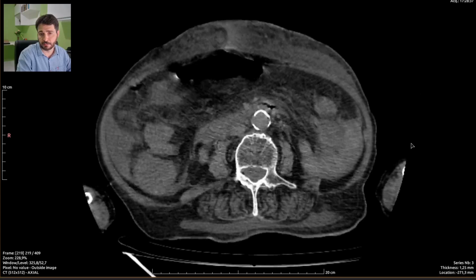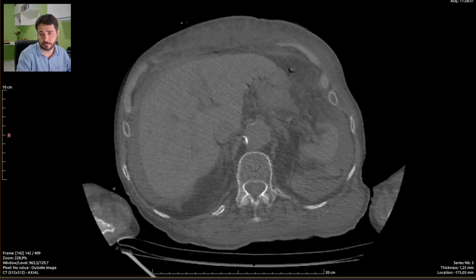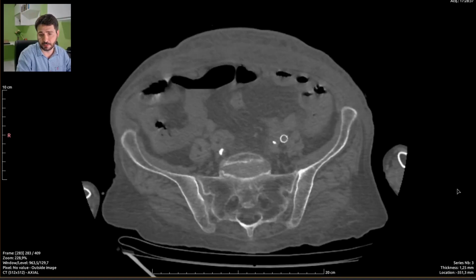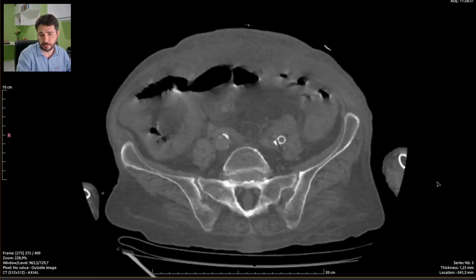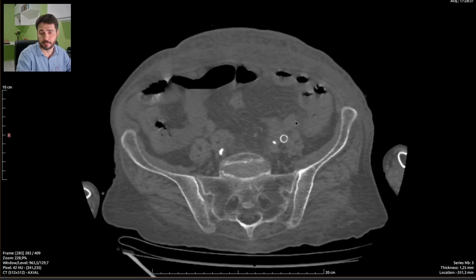No tuberculosis. Okay. Atrophic uterus, bones, other and metastatic lesions to bones. Now let me describe this prosthetic right here, this stent.